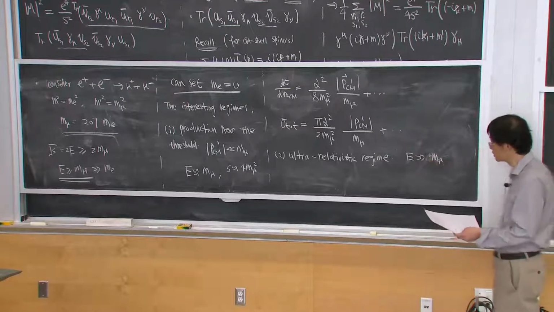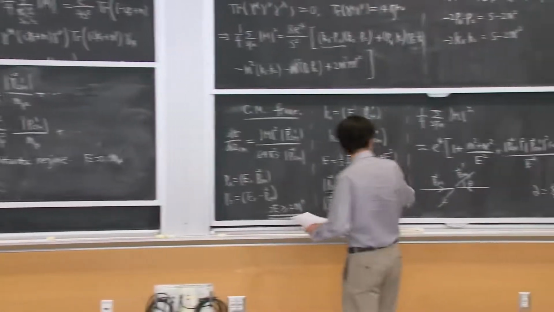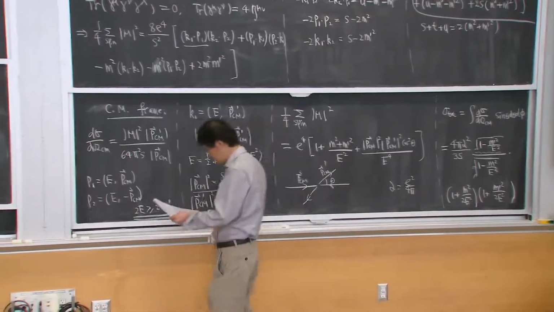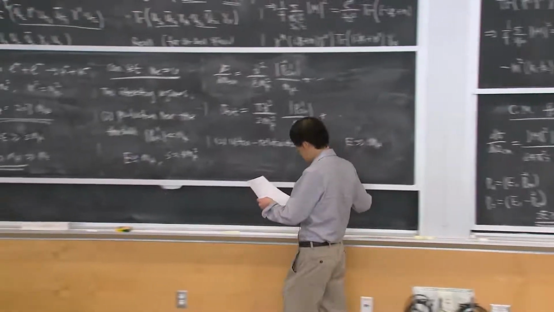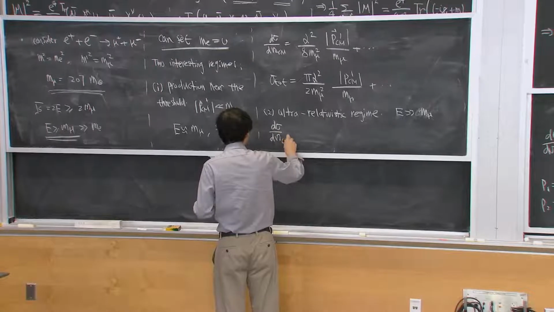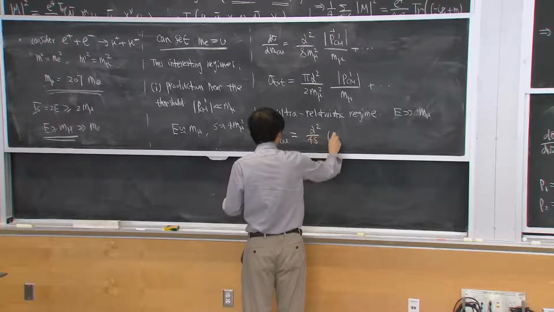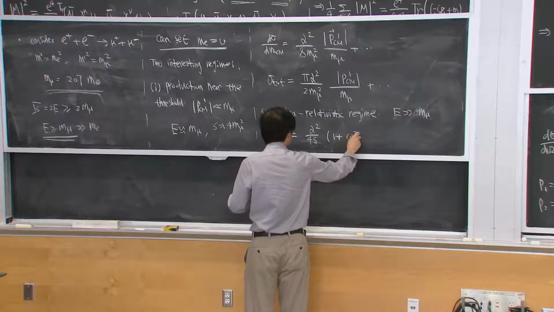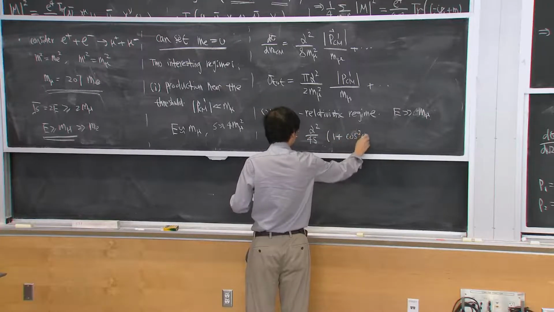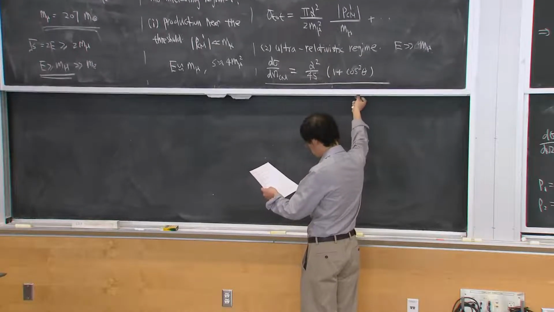Of course it's already much greater than m_e. So you can essentially take both masses to be 0, and then you find that dσ/dΩ_CM is just given by alpha squared divided by 4s. And then you can find the total cross section.